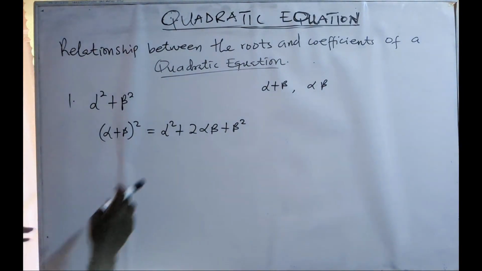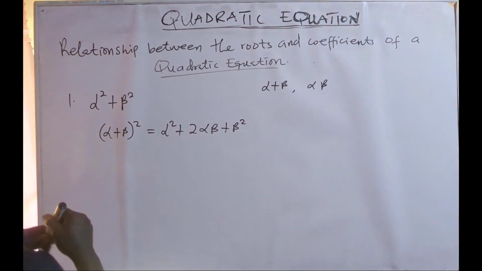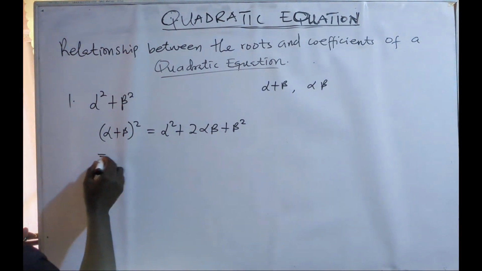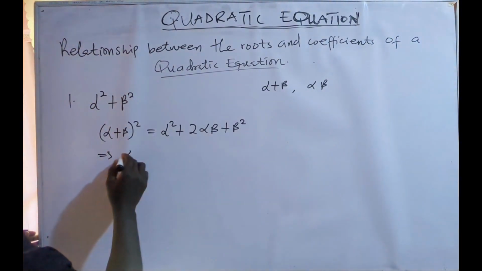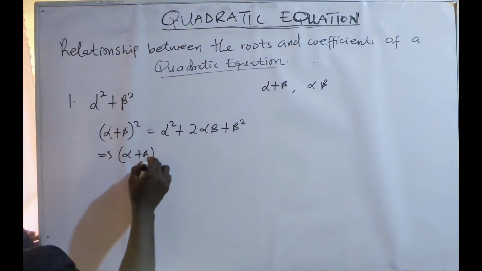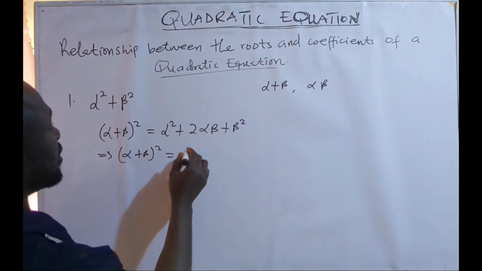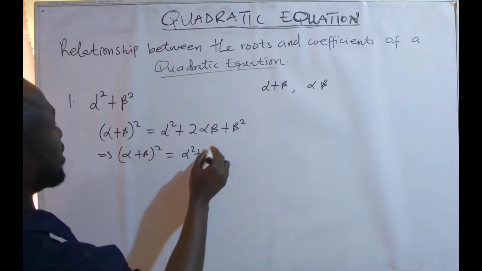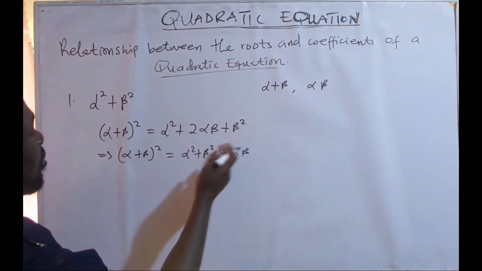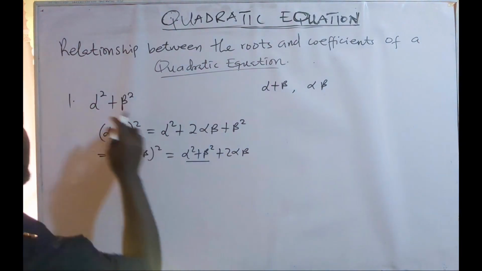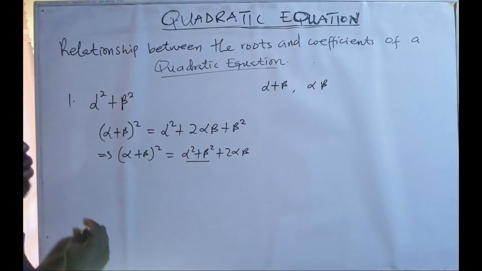So what I can do is make alpha squared plus beta squared the subject. I have alpha plus beta all squared equal to alpha squared plus beta squared, plus 2 alpha beta. I'm going to make alpha squared plus beta squared the subject so that I can get the value I want to calculate.